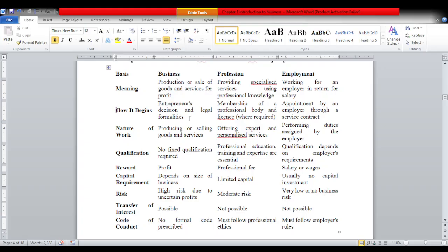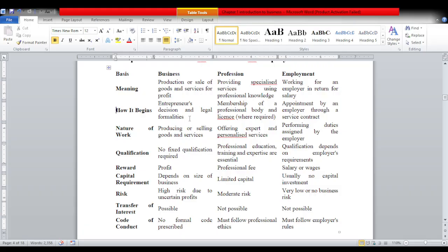Employment begins when an employer appoints you through a service contract. If a person has been hired by a particular company or organization, he has been provided a job description and the duties and responsibilities that he or she has to perform during that employment.